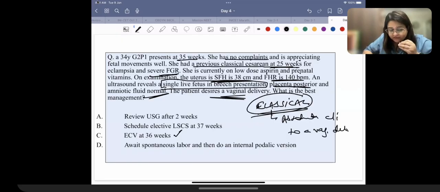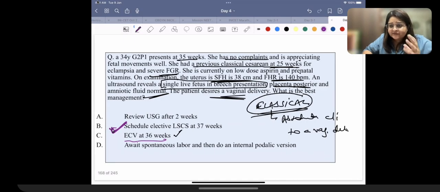So you are going to tell the patient, we are doing a cesarean section for you. That is the safest. Even if you desire a vaginal delivery, sadly that cannot be done. So schedule an elective LSCS at 37 weeks. This is an absolute contraindication for a vaginal delivery, hence it is a contraindication for an external cephalic version. Okay?